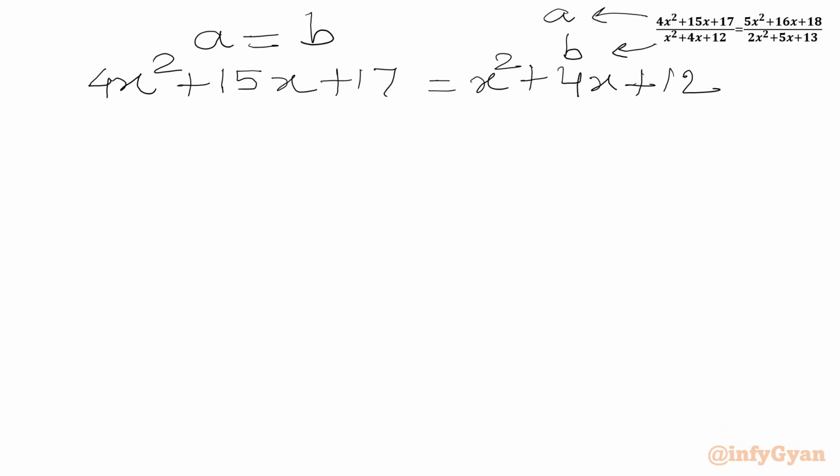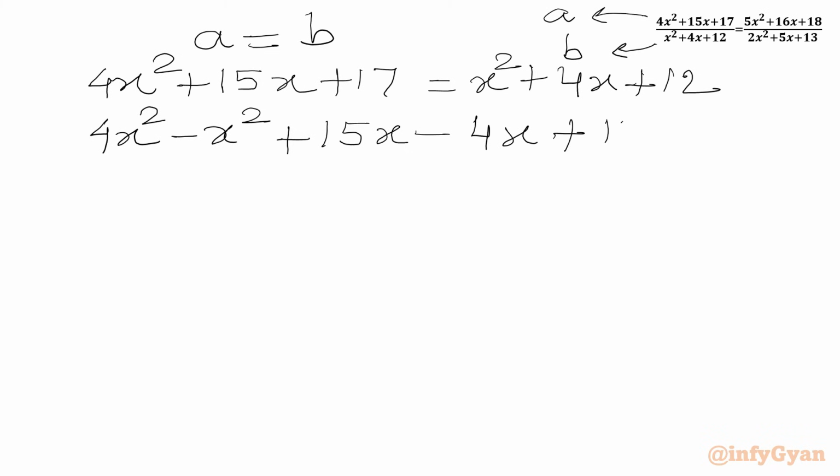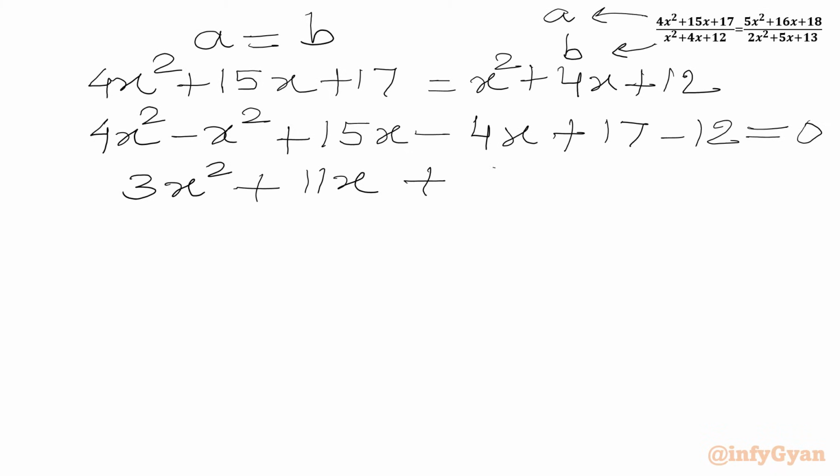Now we'll take all the terms to LHS. We will write 4x² − x² + 15x − 4x + 17 − 12 = 0. 4x² − x² is 3x², 15x − 4x is 11x, 17 − 12 is 5, equal to 0.